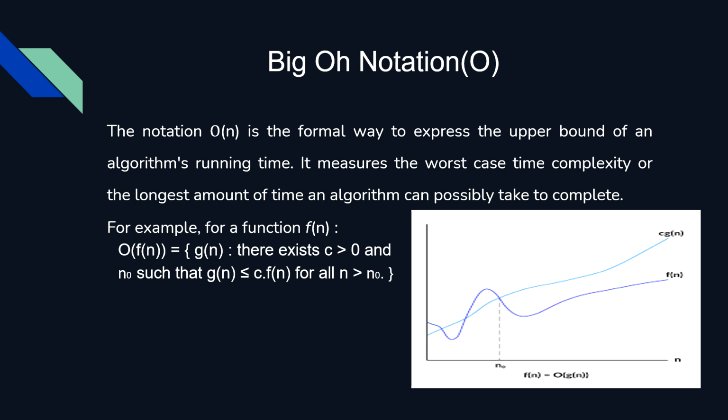In this image, we see that c of g(n) is always greater than f(n). At the point of n0, c of g(n) equals f(n).